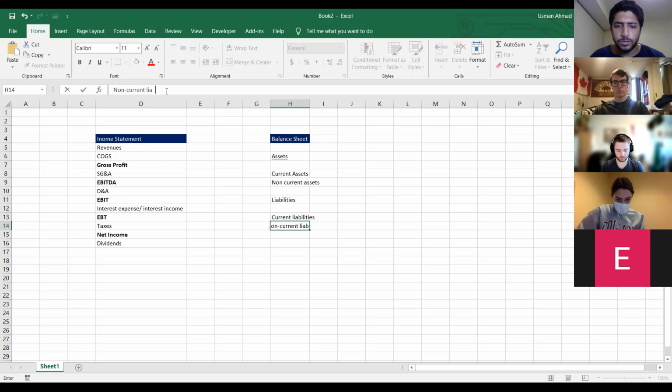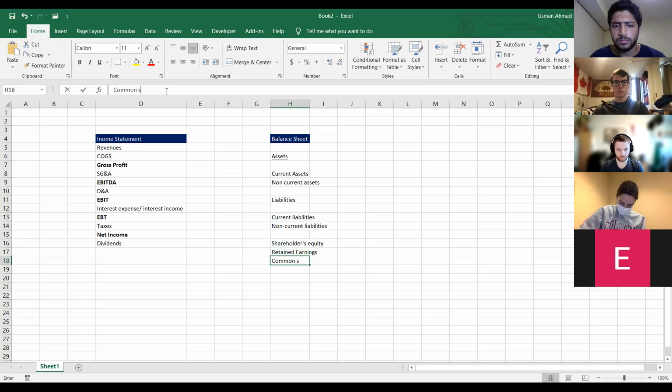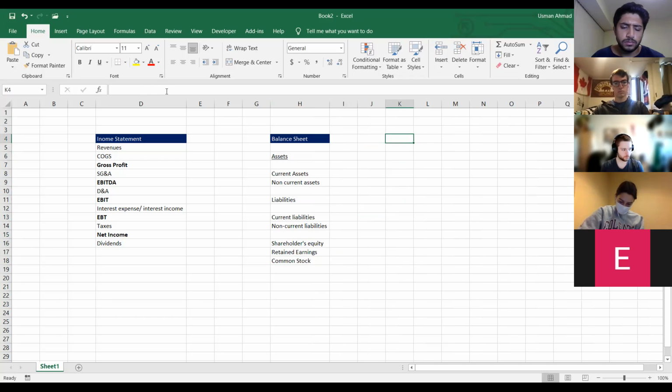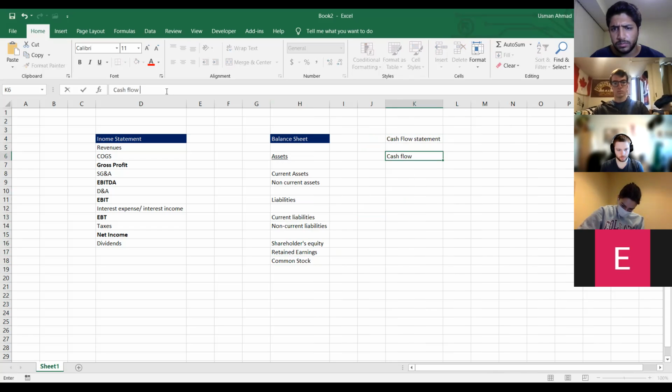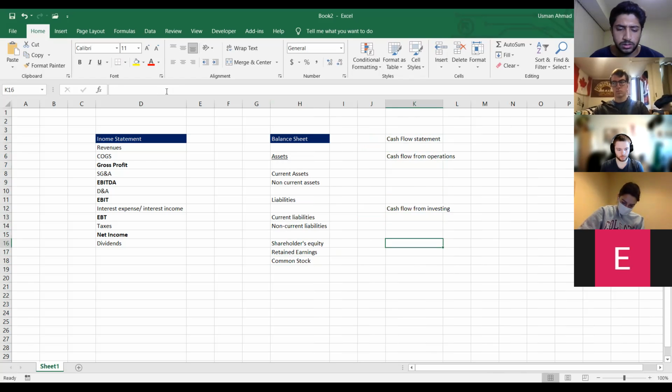But I covered all this in last week's session, so that's why I'm going over this kind of fast. Cash flow from operations, cash flow from investing, cash flow from financing.